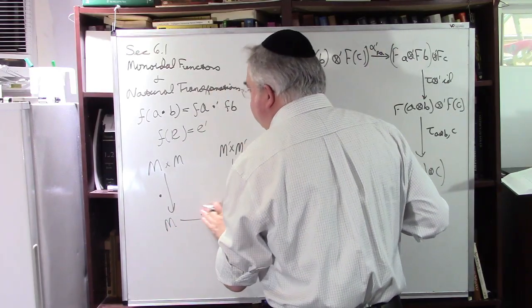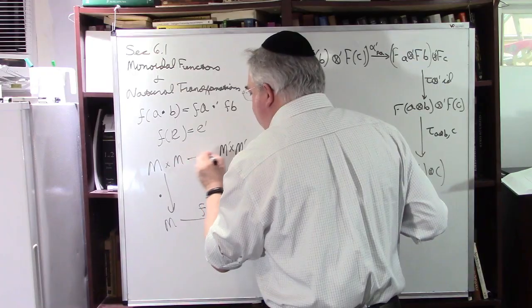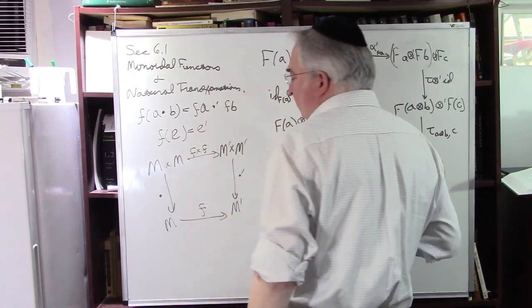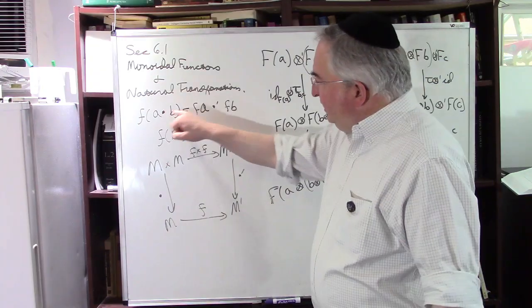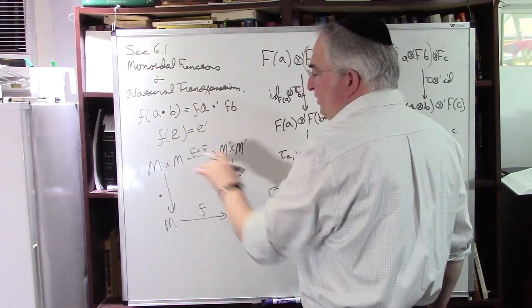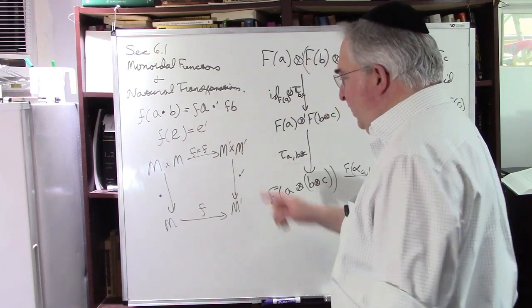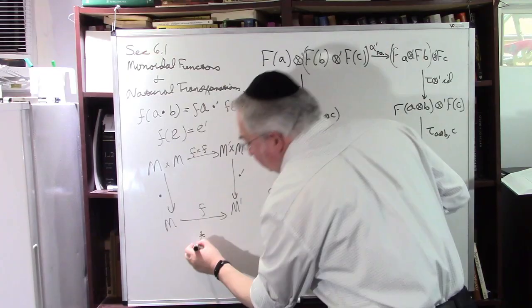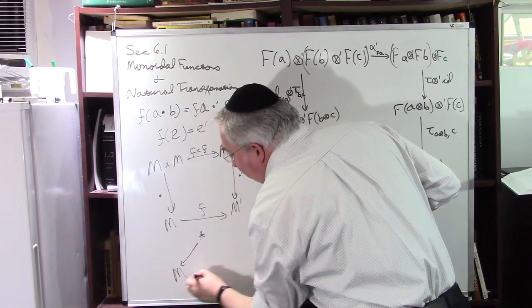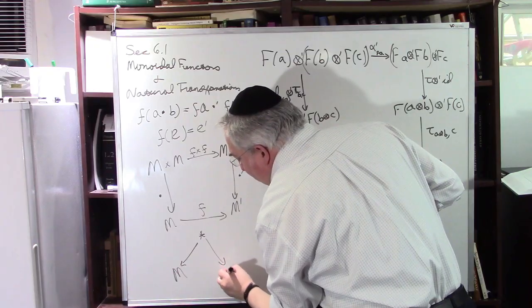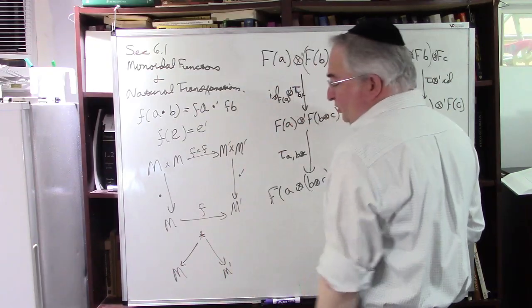We're doing lowercase F, and this is F times F, and that's a prime. Saying that this is equal to this is saying that this commutes. Now I want to do a similar diagram for this. Basically, pick out one object set, picks out an M over here, picks out the unit over here.